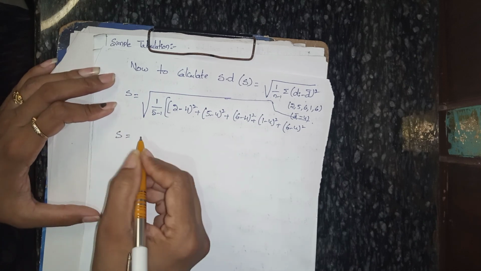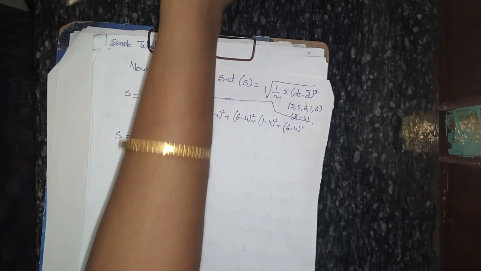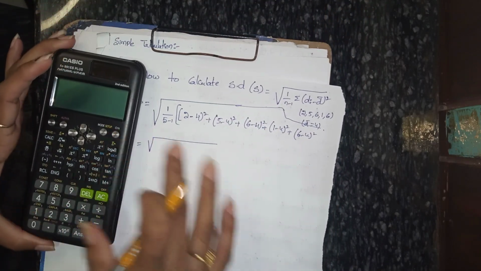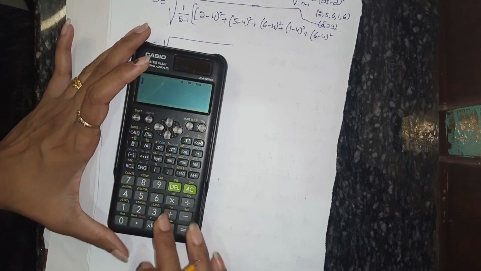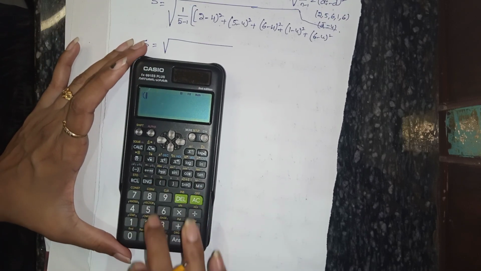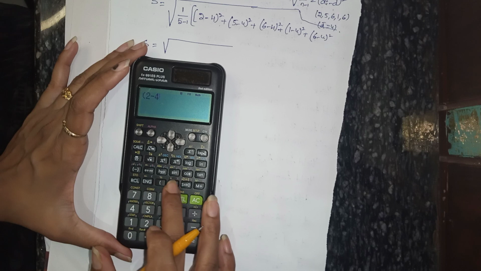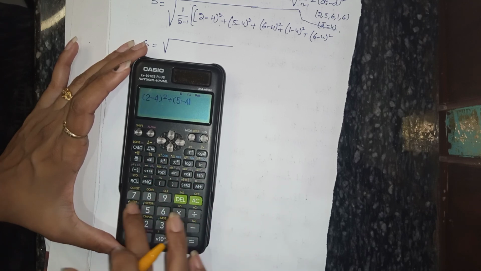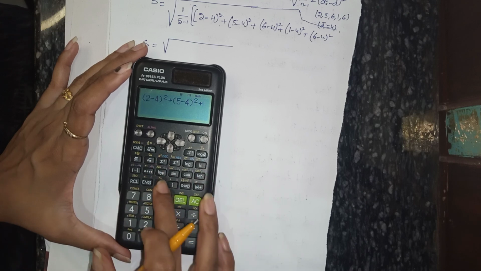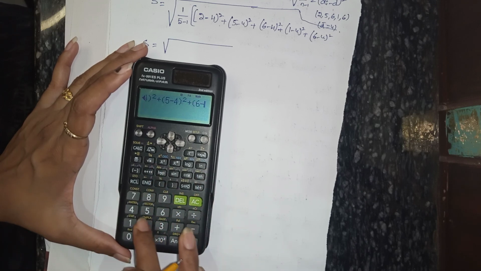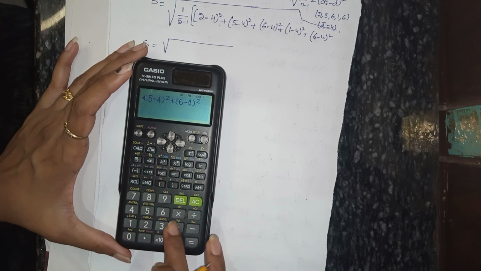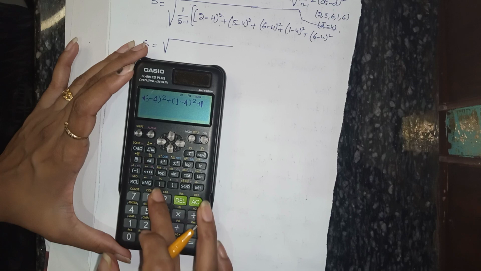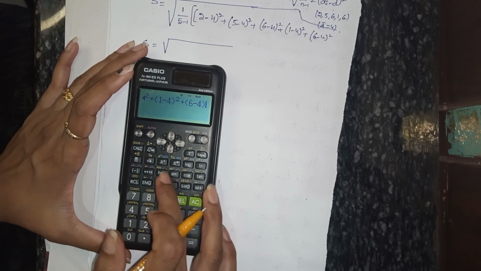So S equals square root of, at once we will do this: 2 minus 4 whole square plus 5 minus 4 whole square plus 6 minus 4 whole square plus 1 minus 4 whole square plus 6 minus 4 whole square.